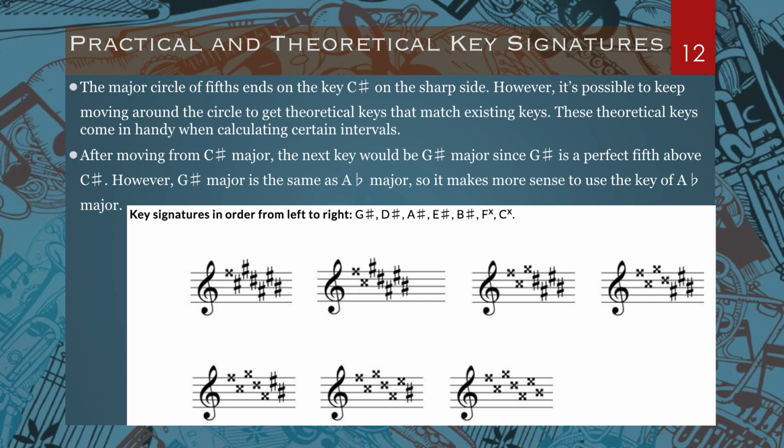So in order to make it G sharp major, you then have to put in all 7 sharps and raise that first sharp a half step. So it goes from F sharp to F double sharp. For D major, we have 2 sharps. So what you have to do there is raise the first 2 sharps and make them double sharps, and then add the remaining sharps in the key signature. So let's look at that for a second.